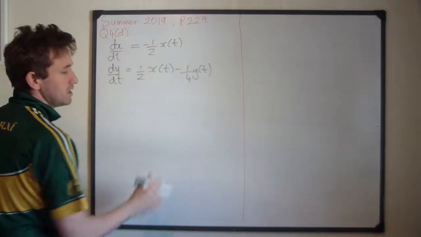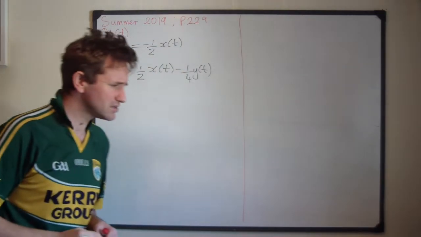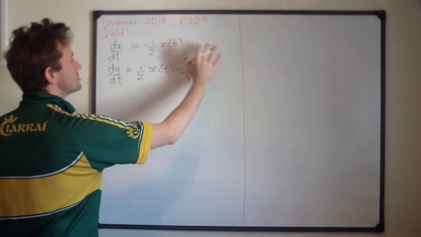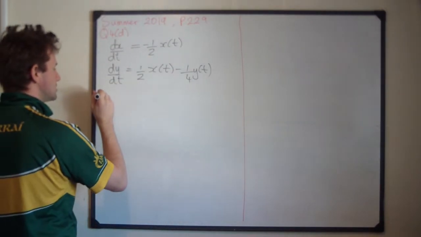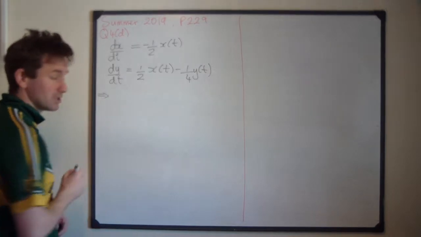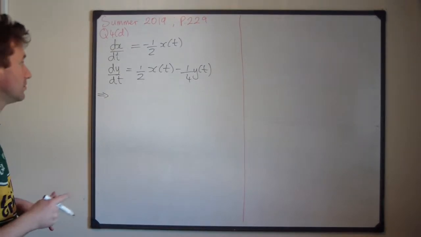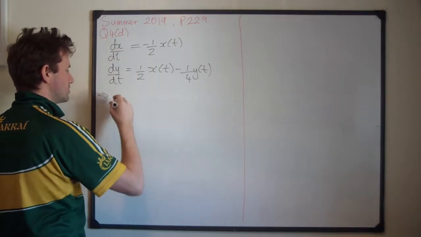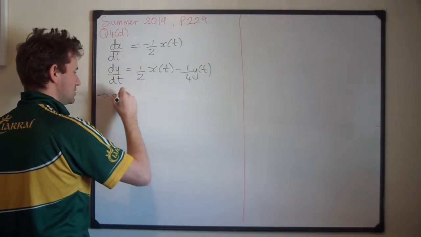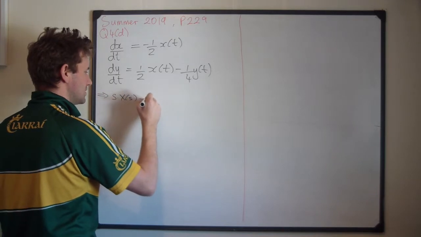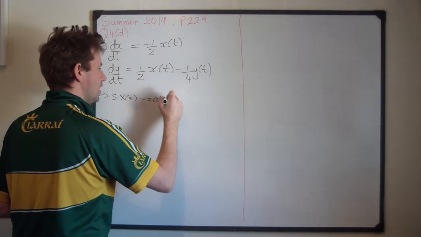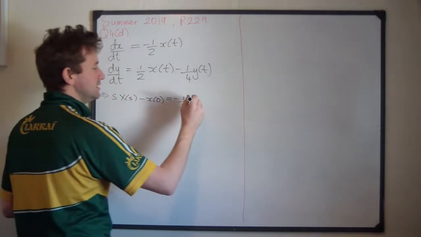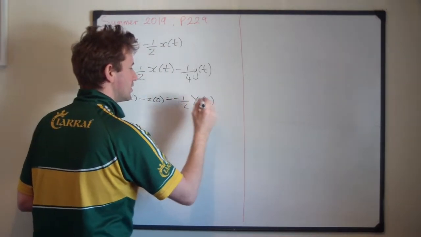So you've got simultaneous differential equations. Now the question, in fairness, says use Laplace transforms, but what you're going to do is turn the simultaneous differential equations into simultaneous algebraic equations by taking the Laplace transform of both equations. At this stage it should be quite easy for you. So the first derivative gets sent to s times big X of s minus little x of 0 equal to minus a half, and little x of t gets sent to big X of s.